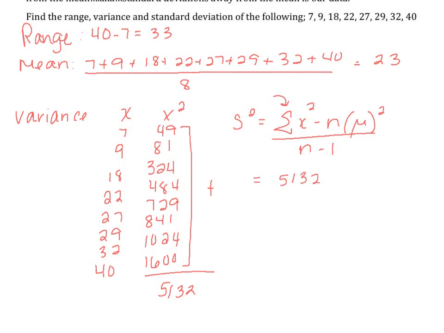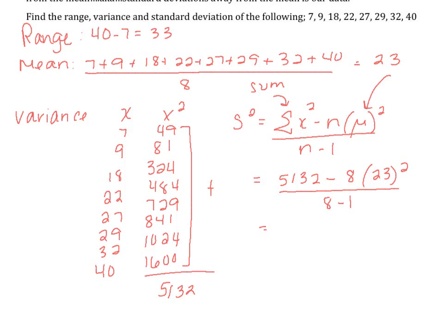This little e-looking thing is called the sum. So we add all of our x squareds together, that's 5,132 minus, we have 8 numbers, so that's our n, multiplied by the mean, which is 23, squared, all over how many numbers we had, subtract 1.